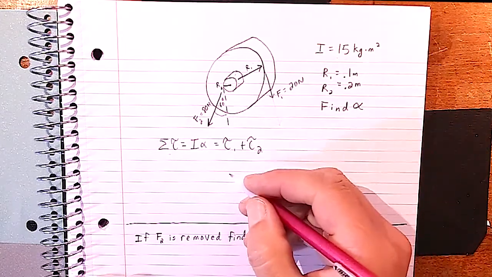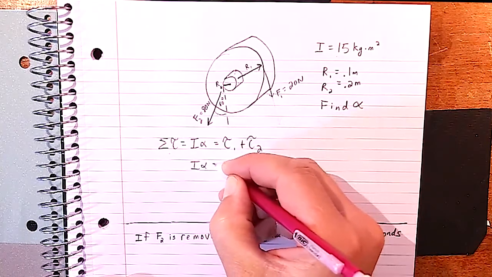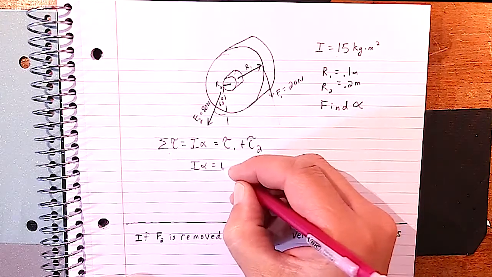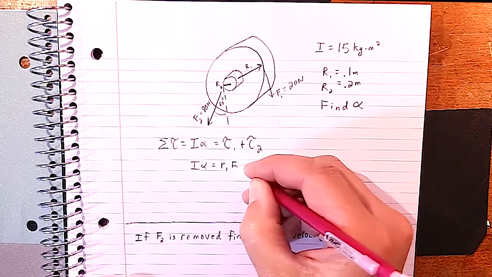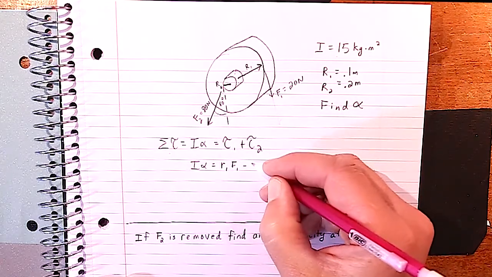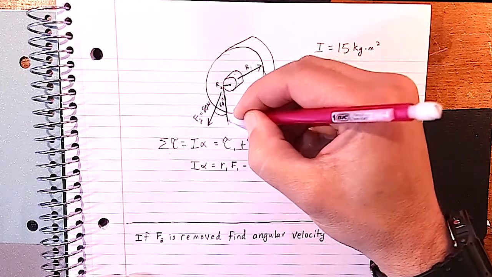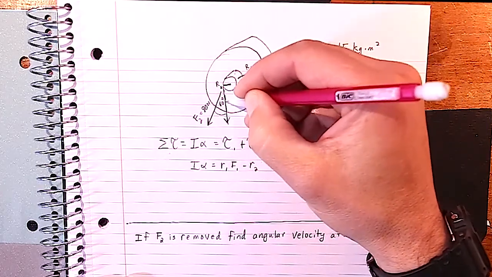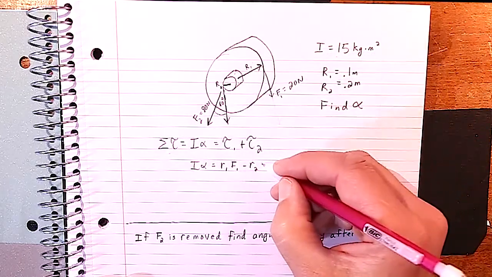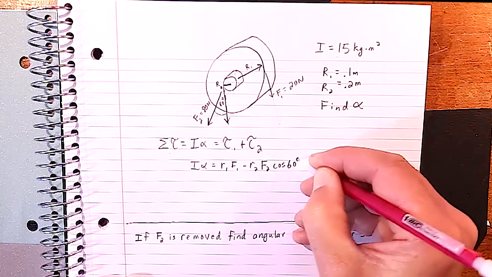So when we put our numbers in, we're going to have I alpha is equal to R1 F1, and that's going to be our 20 newtons, positive, minus R2, and then we have to look at the component of the force that is perpendicular to the radius. We're going to have to use cosine in this case, so that's F2 cos 60.